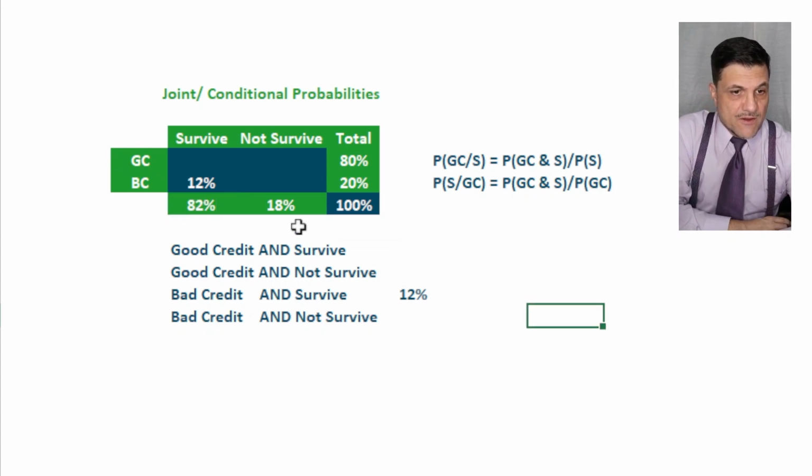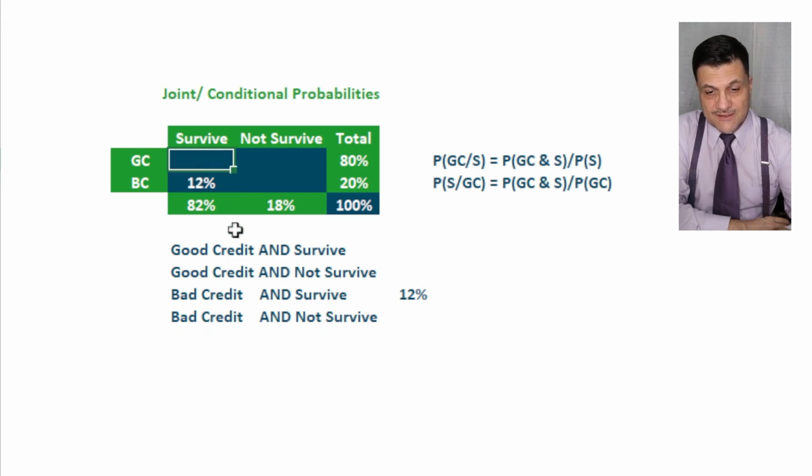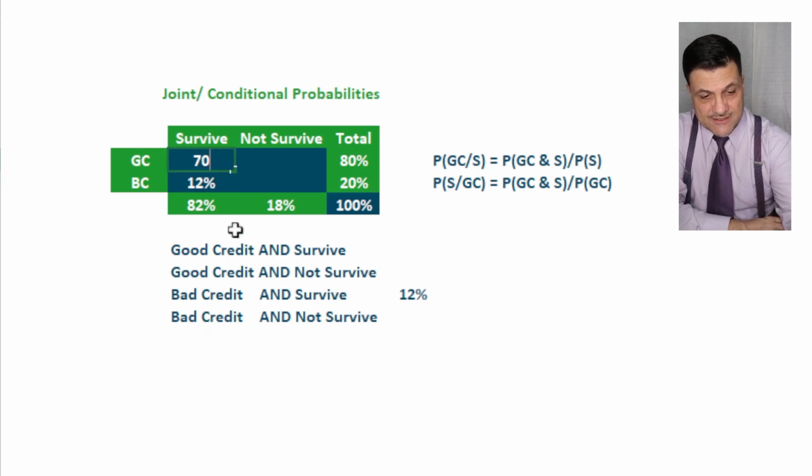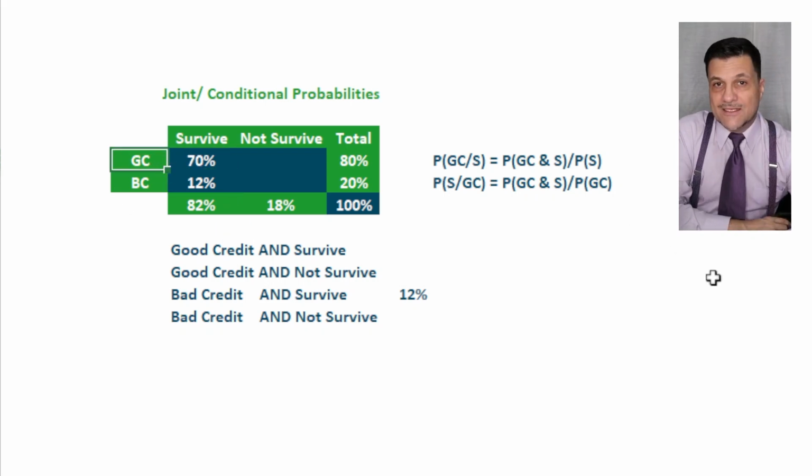Okay? Well, think with me now, friends. If the total probability of survival is 82%, survive a recession, 82%, and companies have bad credit, good credit, if 12% of the bad credit survive, what is my conclusion? Well, that's 70% of the companies with good credit will survive. So good credit and survive, that's a joint probability. All right, now it's easy to get the next one.